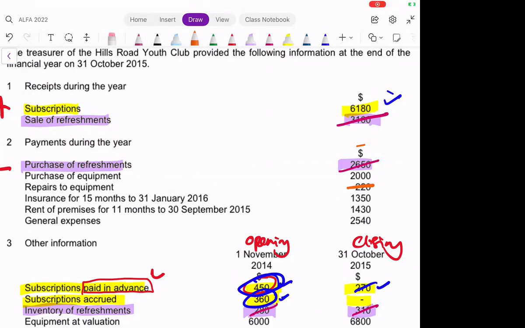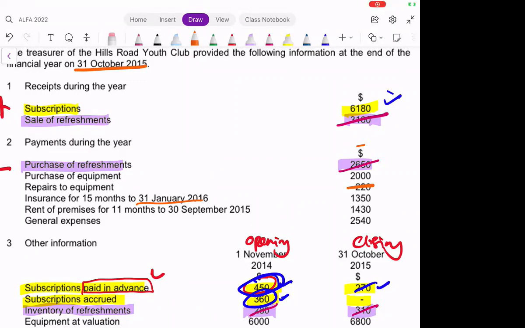What is today's date? Today's date is 31st October, but you paid until 31st January. November, December, January, 3 months extra.